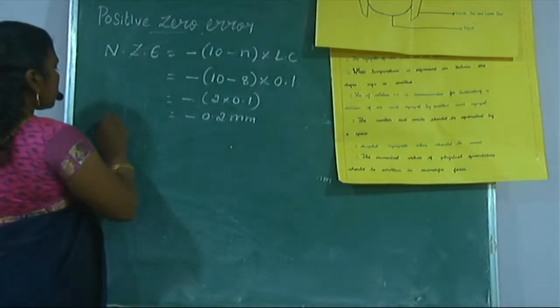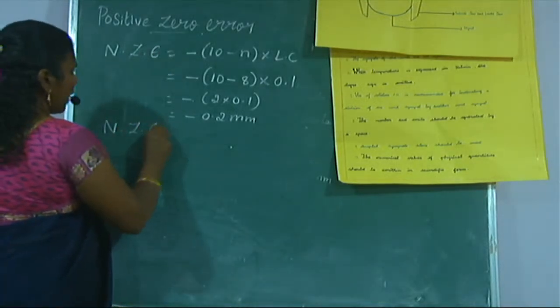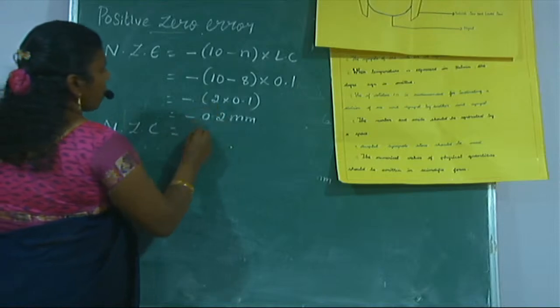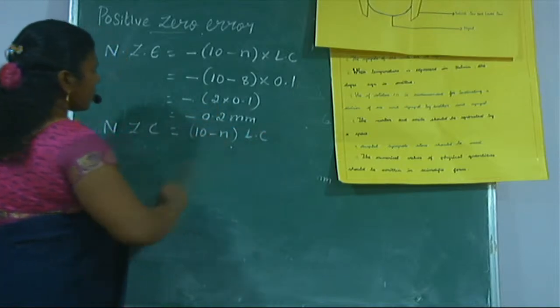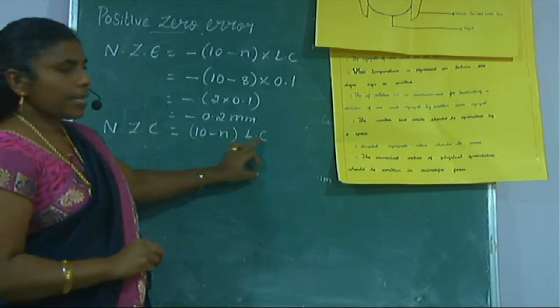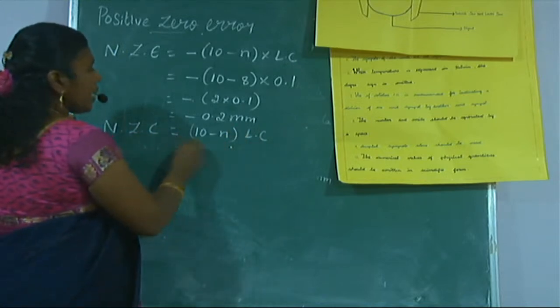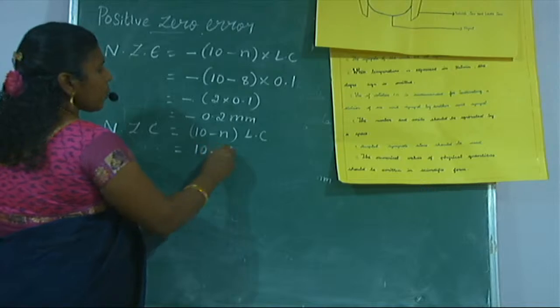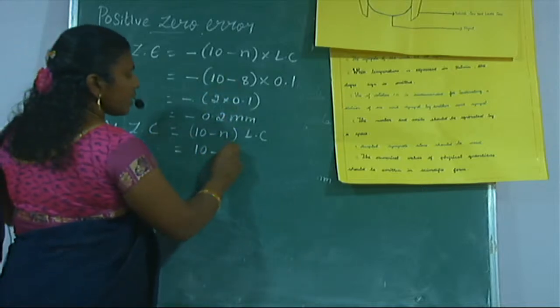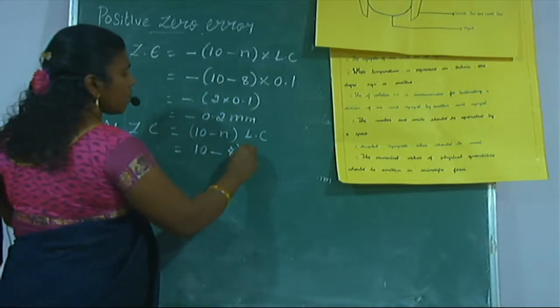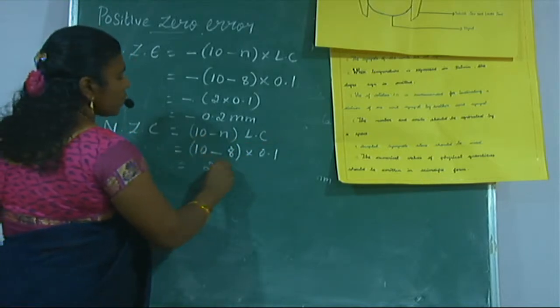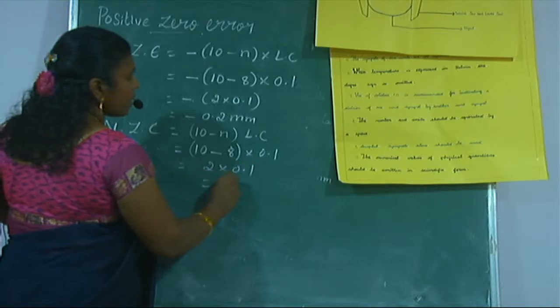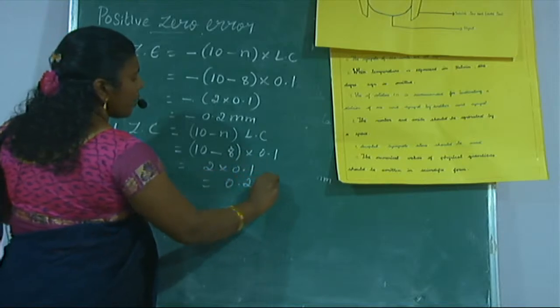Suppose here the negative zero correction. The formula is 10 minus N into LC. What's the formula? 10 minus N into LC. So 10 is the number of divisions. Suppose the 8th division coincides. Instead of N you write 8, into 0.1. So 2 into 0.1 you get 0.2 millimeter.